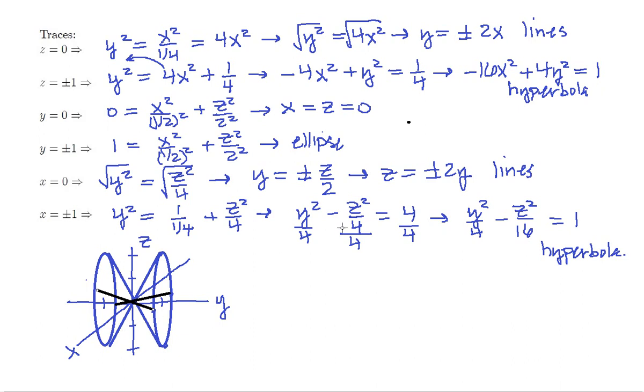Or let's see here. That's X and Y. These are YZ here, I'm sorry. So Z equals plus or minus 2Y are the blue ones. And then the black ones, those are the y equals plus or minus 2x.